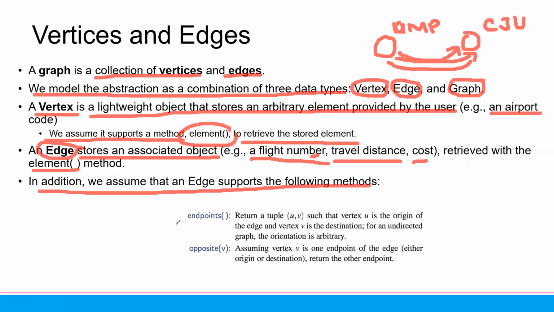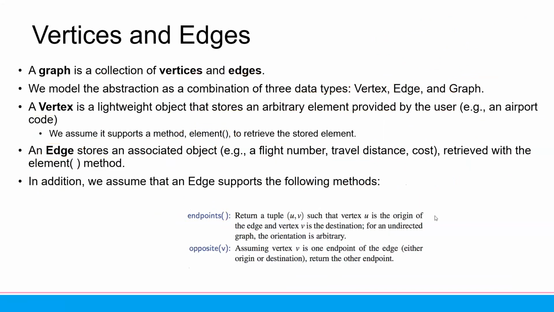Using the edge, we can know the endpoints. What are the endpoints? The endpoints means I would like to return a tuple, u and v, with vertex u as the origin and vertex v as the destination. This is for the directed graph.